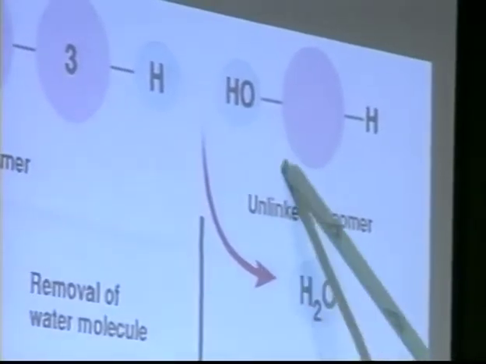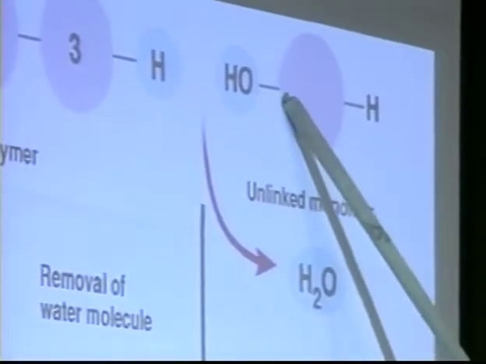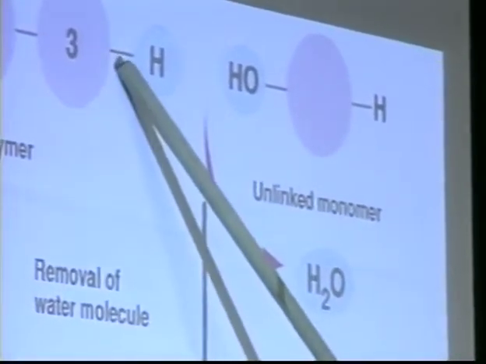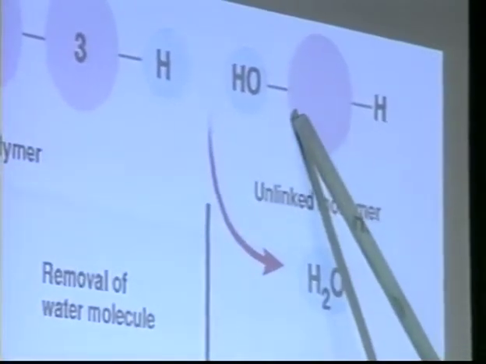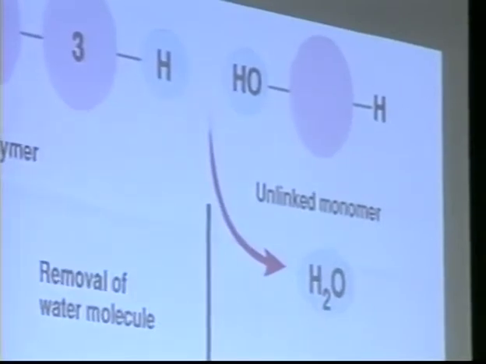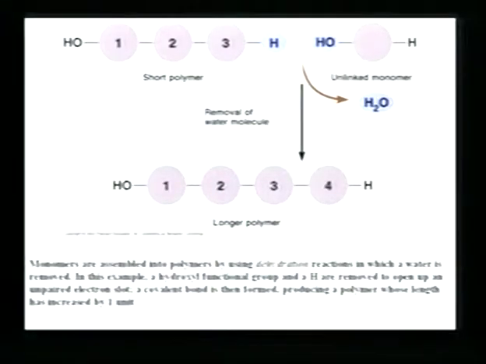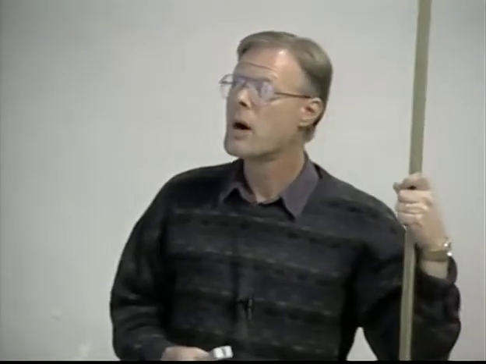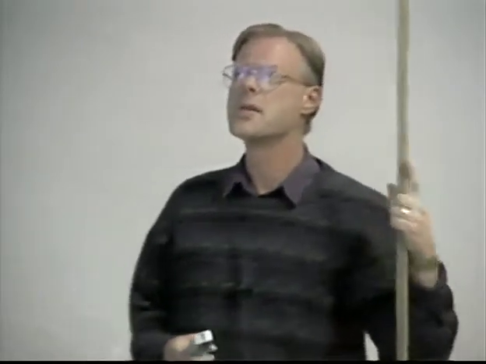When you do that, you've got an open bond here and an open bond here, so you just attach those bonds to each other in a sense. You produce a new covalent bond, and you've successfully attached that monomer to the existing polymer. So the dehydration reaction is a removal of water, and almost all macromolecules are assembled by these reactions.